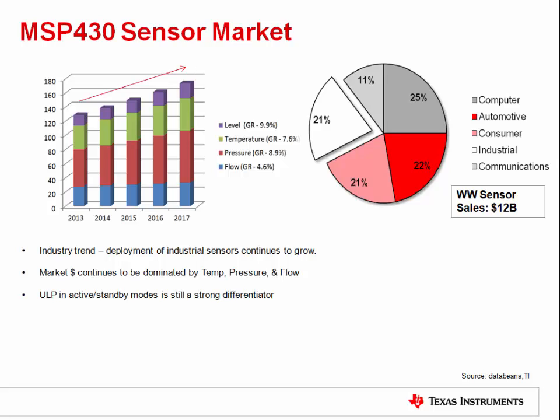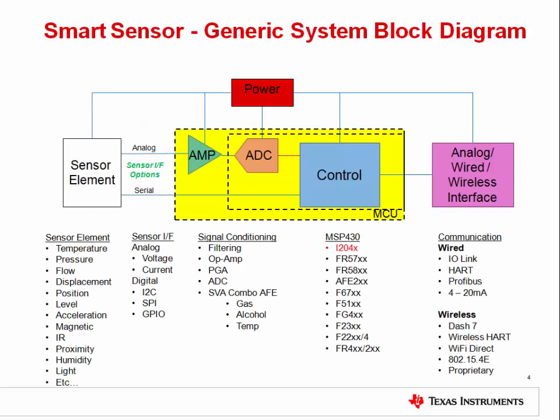Although industrial applications require high accuracy, wide temperature range, and reduced system cost, ultra-low power in active and standby mode still remains a strong differentiator when it comes to picking MCUs. The MSP430 microcontrollers have been a leader in the ultra-low power microcontroller market for more than 2 decades. They help maintain design flexibility while delivering the best-in-class energy consumption.